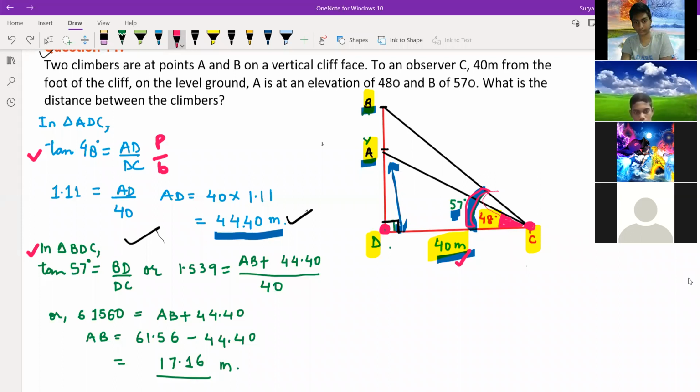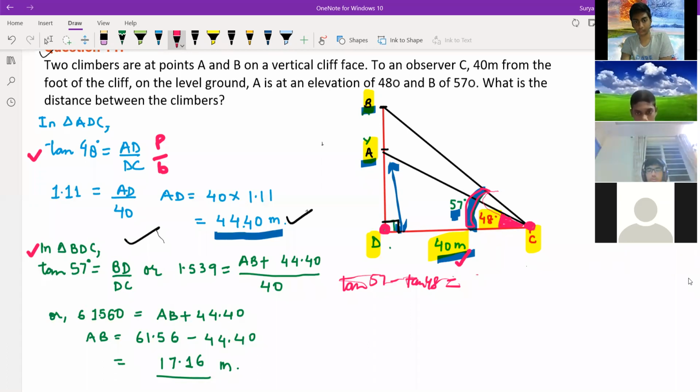Till the process, I'll write here. What you're saying, tan 57. Tan 57 minus tan 48, what will you write? 40 into H. Into 40 is equal to 40. Okay. Into 40 or what?